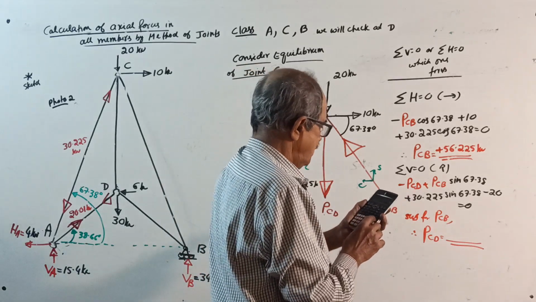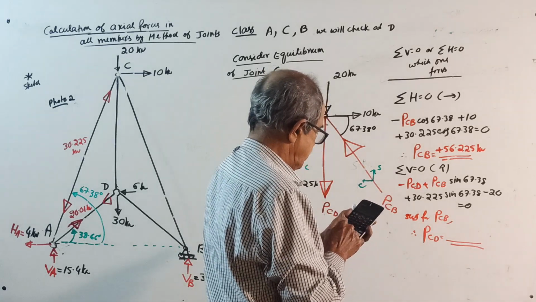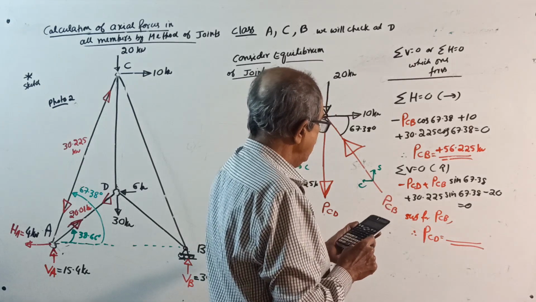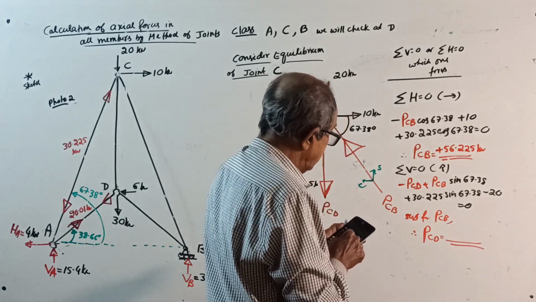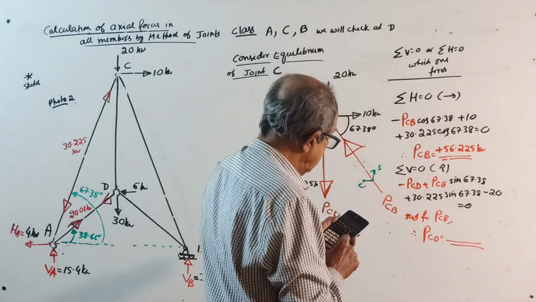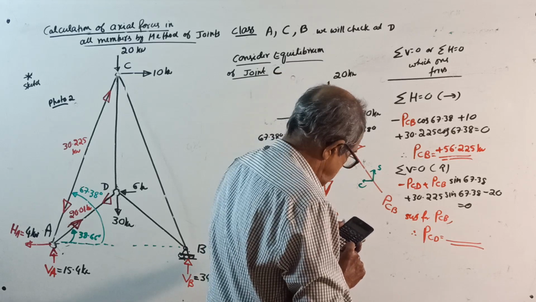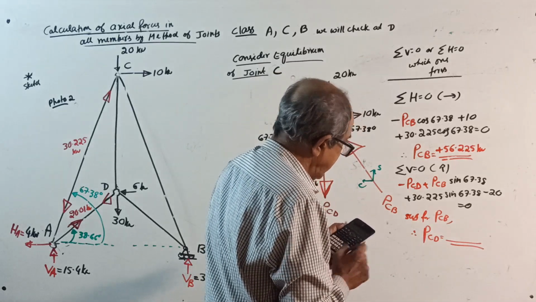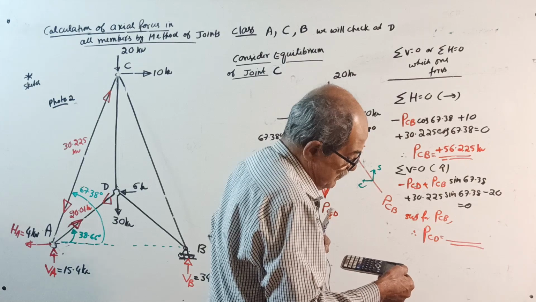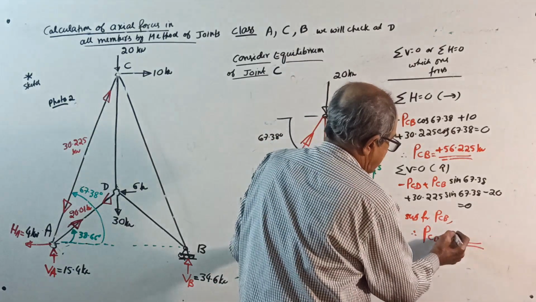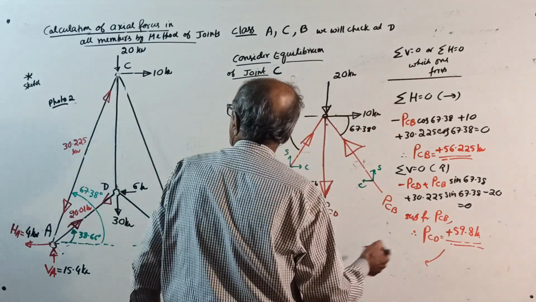On PCB, how much you got? 56.225 into sine of 67.38, plus 30.225 into sine of again 67.38, minus 20, plus 59.8. 59.79999 is 59.8 kilonewton. Now go back.